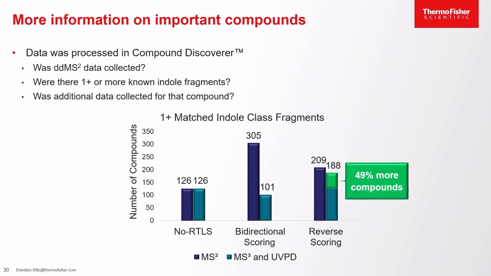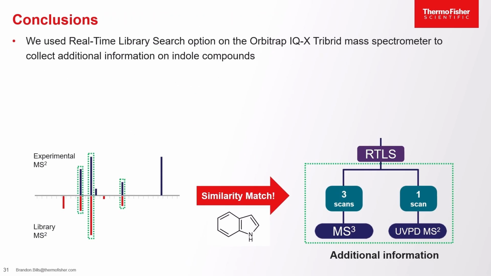So in conclusion, we gave a lot of detail on real-time library search on the Orbitrap IQX, and used that information to help a collaborator study indole compounds in a plant extract.